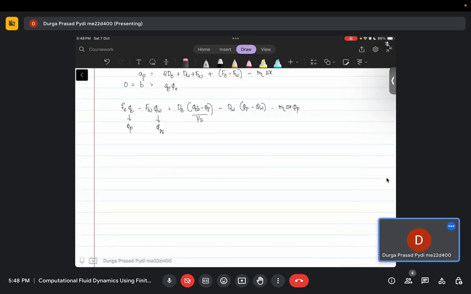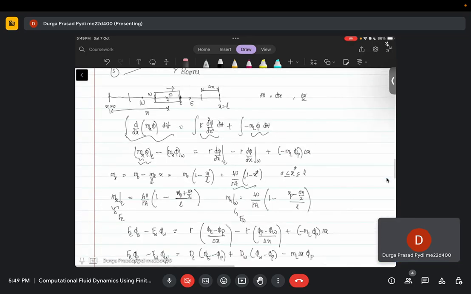Now if you compare the coefficients, for the east terms you won't have any coefficients, and for the west we have dW and FW. AP terms will have 2 times dE present, and then plus an Fe. So is this a plus or a minus? C minus SP, so it's a plus.